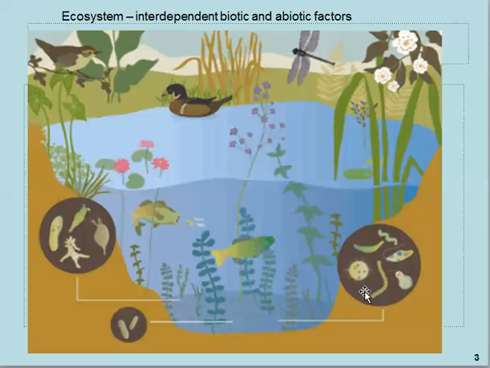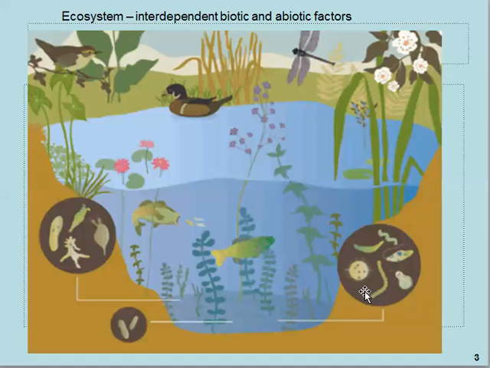So we have some microbial or microscopic organisms, phytoplankton, plant-like microbes that are able to carry out photosynthesis. Then there are some animal-like microscopic organisms that are called zooplankton that feed on the phytoplankton.